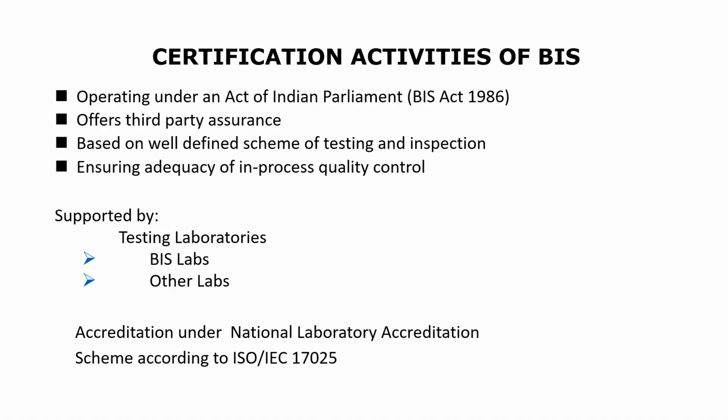So accreditation of these specific agencies, third party agencies, has to be under the NABL, which is the National Accreditation Board for Testing and Calibration Laboratories. The scheme according to this is ISO IEC 17025, right. So these are some numbers. It's good to know what is the procedure and what are the rules and regulations, right.